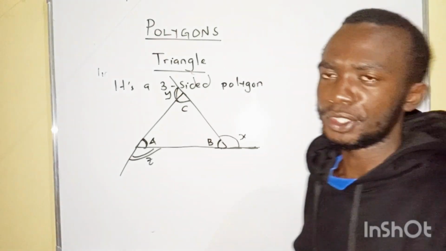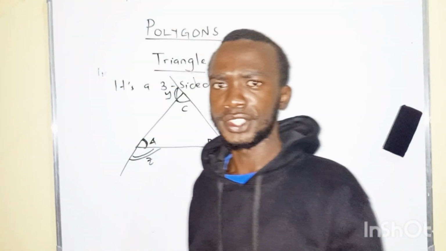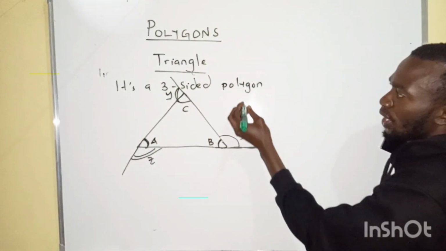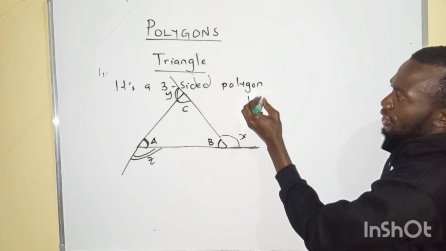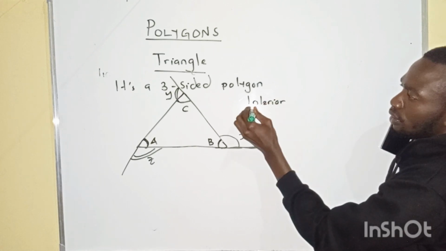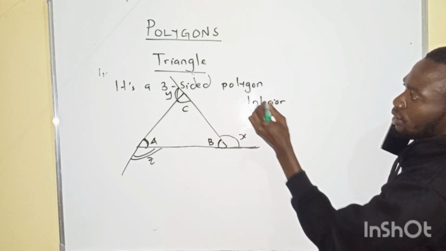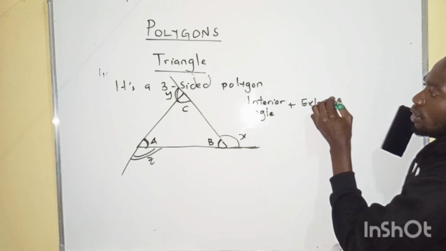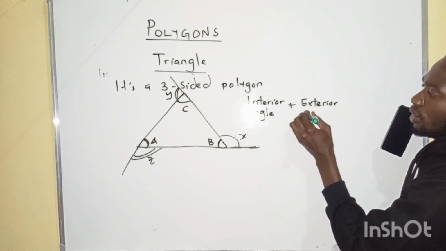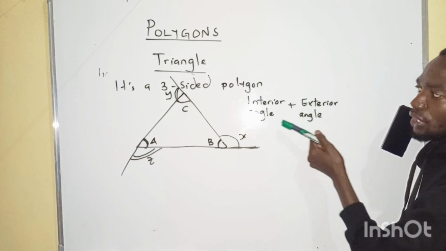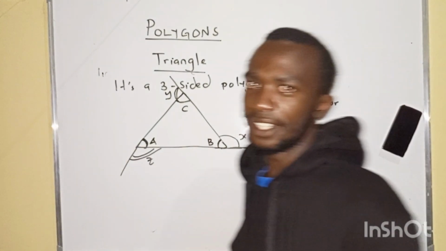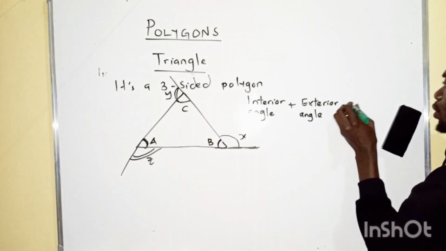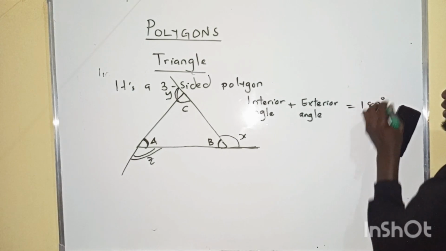That brings us to one of the characteristics of polygons: when you take one interior angle and add its exterior angle, not any other exterior angle, it will always give you a total of 180 degrees.